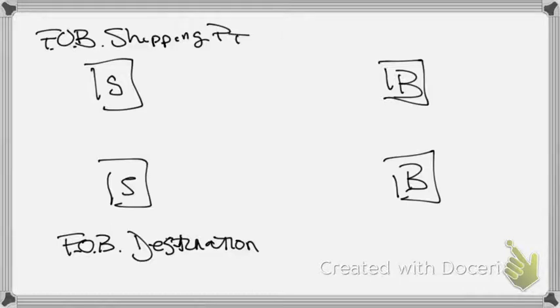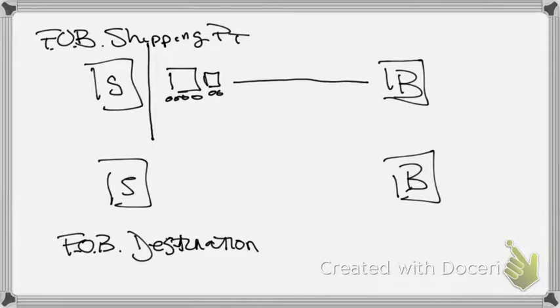Okay. So FOB shipping point says that if I have my little truck, and this is my truck. It's an 18-wheeler that only has 6 wheels, okay? If I have my truck, as soon as it leaves the shipping dock, it becomes the responsibility of the buyer.